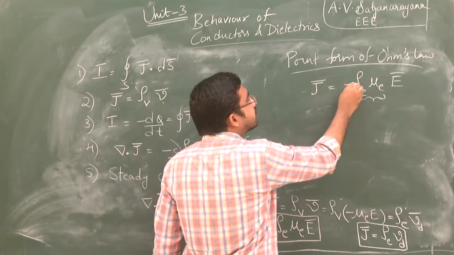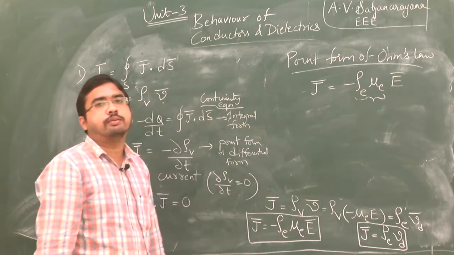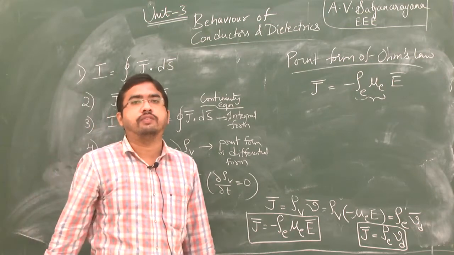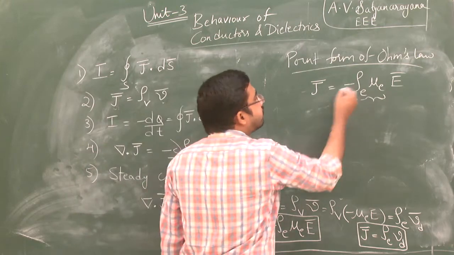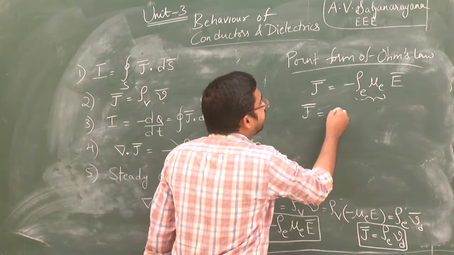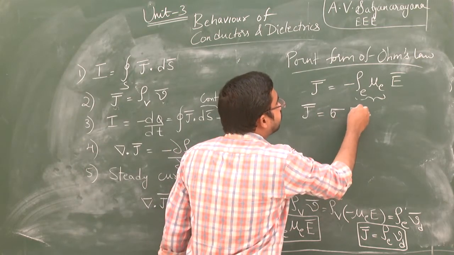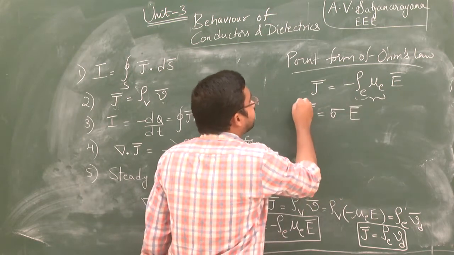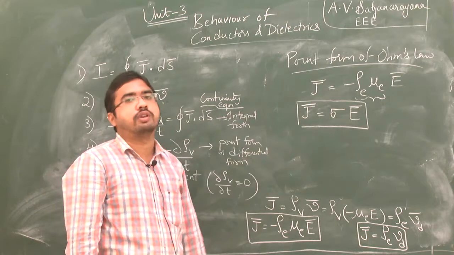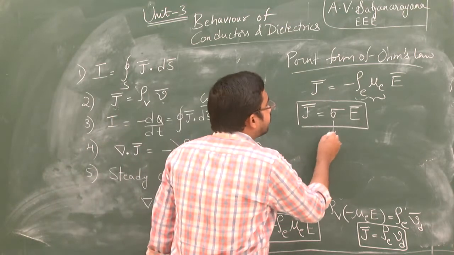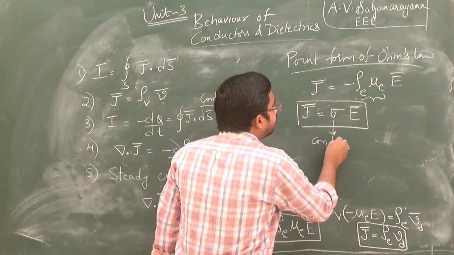We kept the minus sign because electrons are moving opposite to the electric field that you have applied, which we have seen previously. So in the place of this constant, I am writing some sigma. J bar equal to sigma E bar. This is the point form of Ohm's law, where sigma is the conductivity of the material.